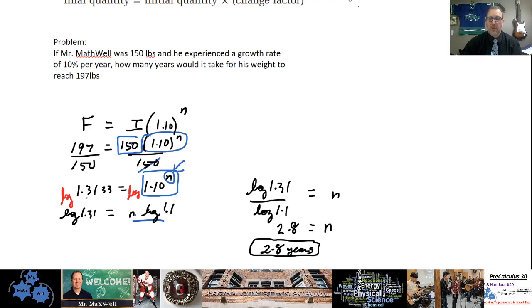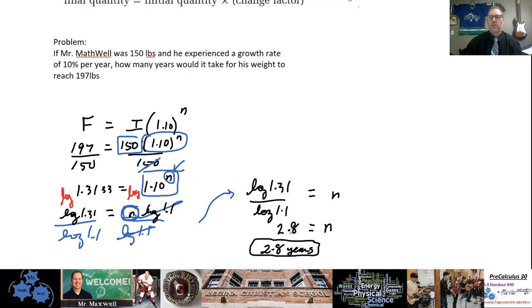So take the log of both sides, use that power rule to get the n down here. Now it's freed from its exponent position. Divide both sides by log of 1.1, and we're up over here. So n equals log of 1.31 divided by log of 1.1, and you just do that on your calculator.